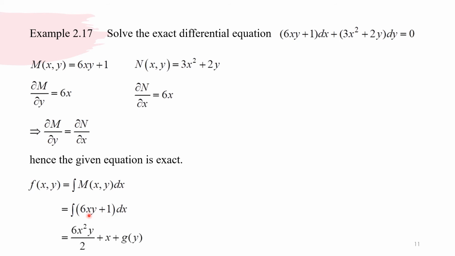Integration of x with respect to x is x squared over 2, multiplied by the existing constant 6 and y. Integrate 1 with respect to x, the answer is x, and we need to add a constant, which is in terms of y, so we write it as g of y. In other words, we write f of x, y as 3x squared y plus x plus g of y. We can also use other alphabets to represent this function in terms of y.